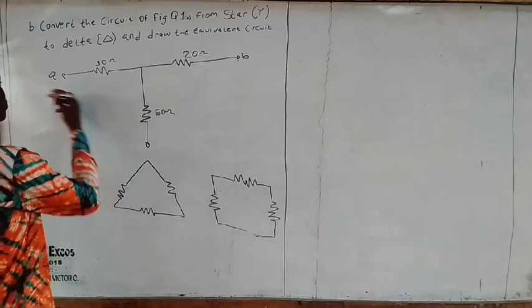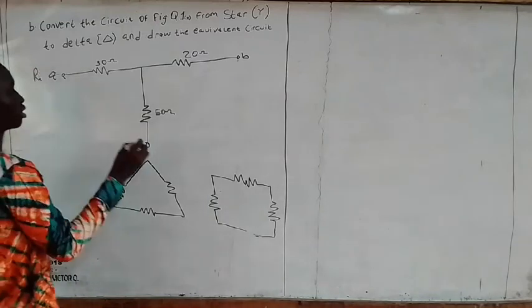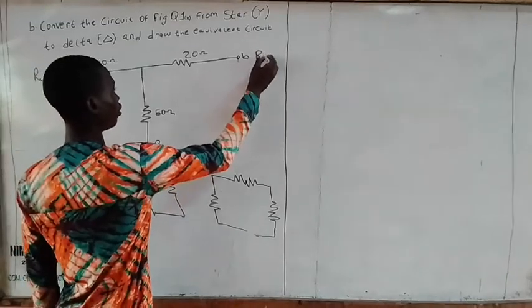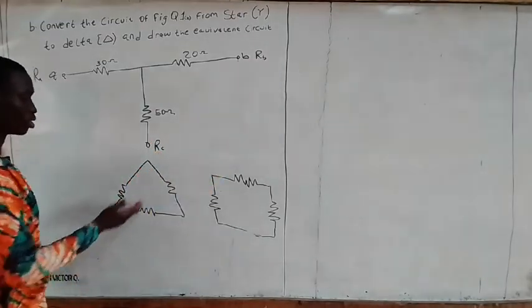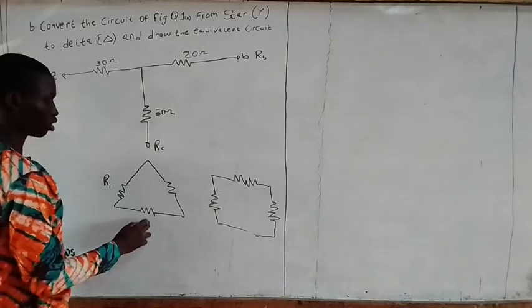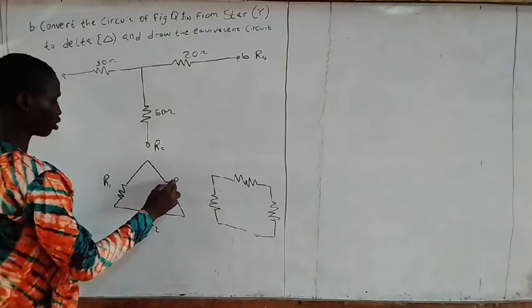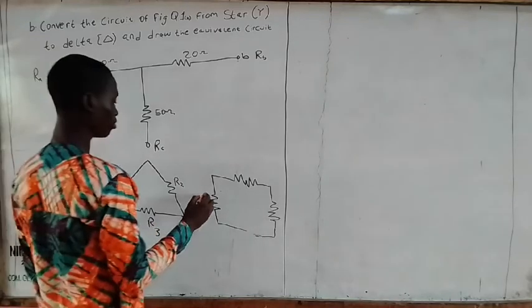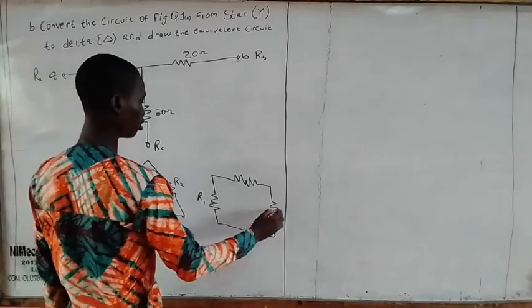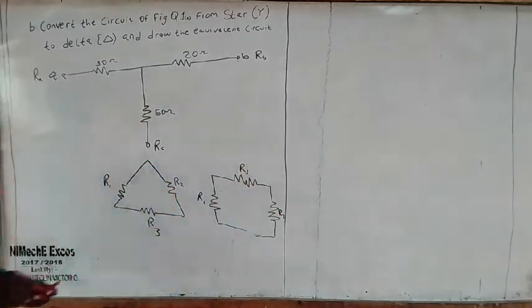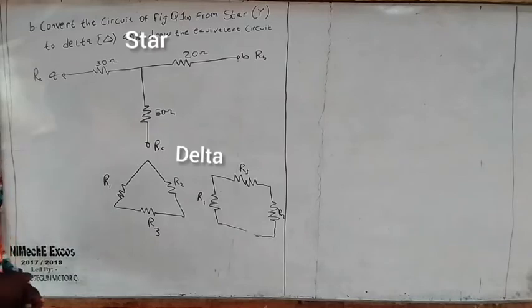Now for here we call this side RA, we call this side RC, we call this side RB. But for here, I'll call this R1, call this one R2, call this one R3. Then I will solve for this kind of question.